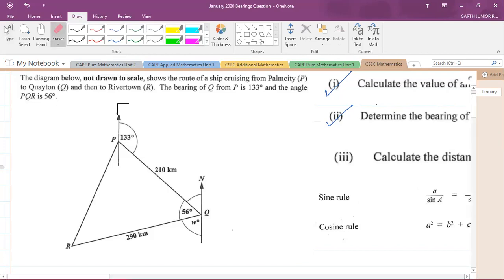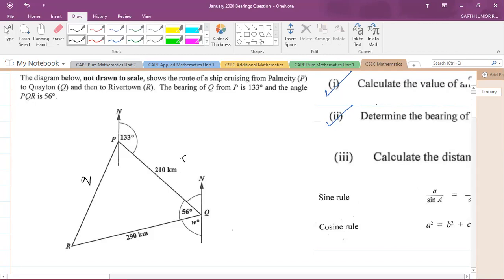Now, if this angle here, the 56 degrees, is angle Q, then the side opposite to that is going to be small q. That is going to be my side or the distance of RP. And I have capital R here, so this angle here is R. It means that the side opposite to that is going to be small r.